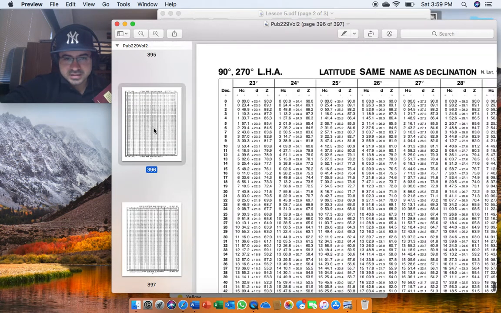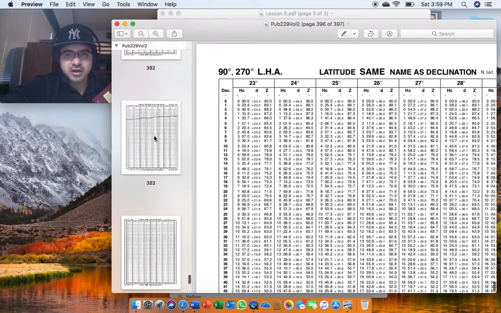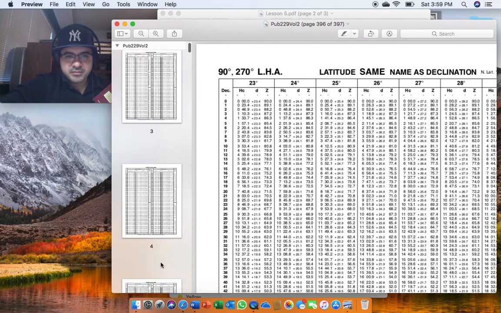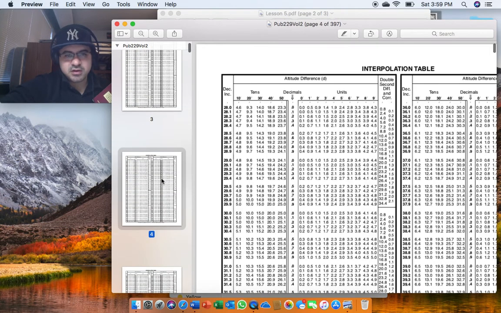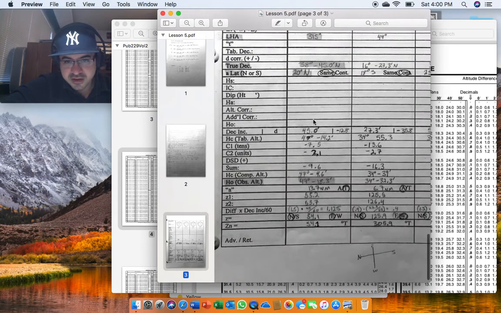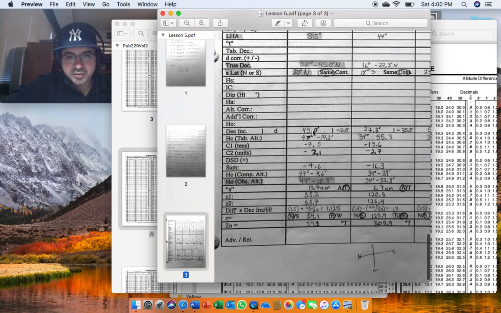On the file it has all the tables at the beginning, but on the book it has them at the beginning all the way to 31.9 for the declination increment, which is the 45 that we dropped right here. On the book it's half and half. On the file it's at the beginning.